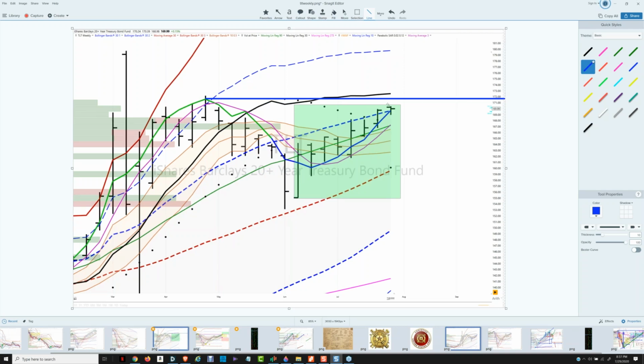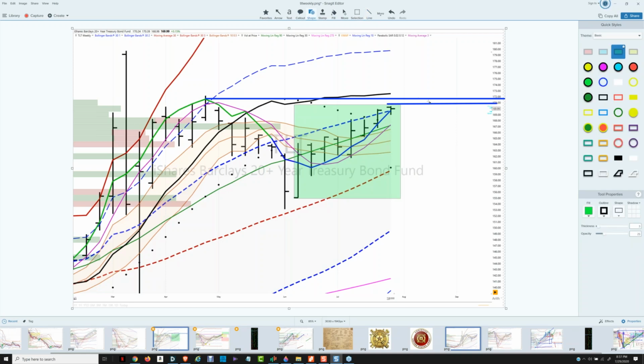And I'm really looking to see if it can break out of this box right about there. If that works, then the next move is up here, up to 180.